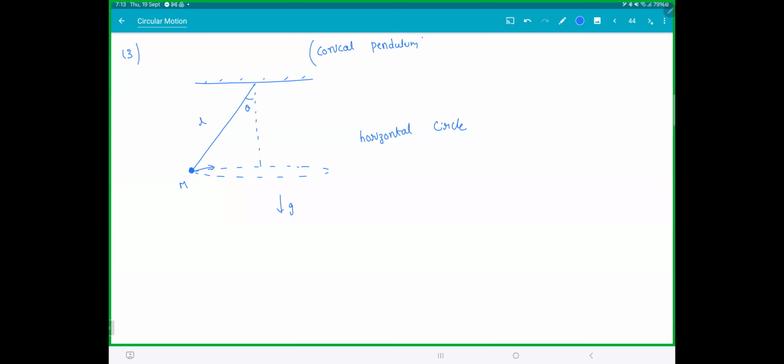So the question is, a pendulum rotates in a horizontal circle as shown. Find tension and the time period for one revolution.